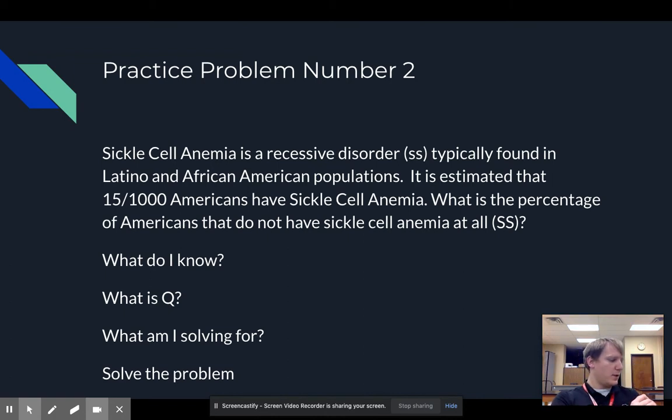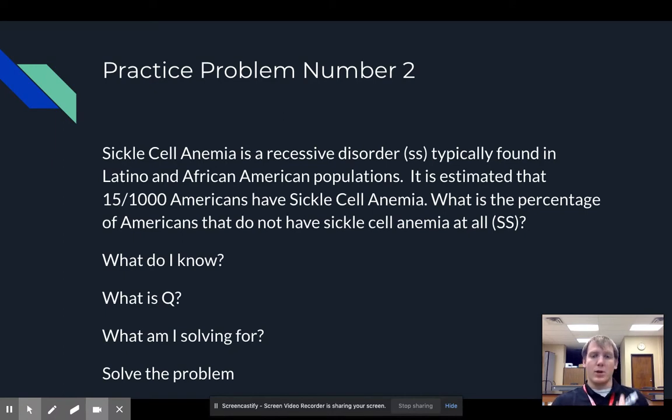So q squared is equal to, using my calculator, 15 divided by 1,000, and change that fraction into a decimal. We can work with decimals better than we can with fractions. So 15 divided by 1,000 is equal to 0.015. So q squared is equal to 0.015.